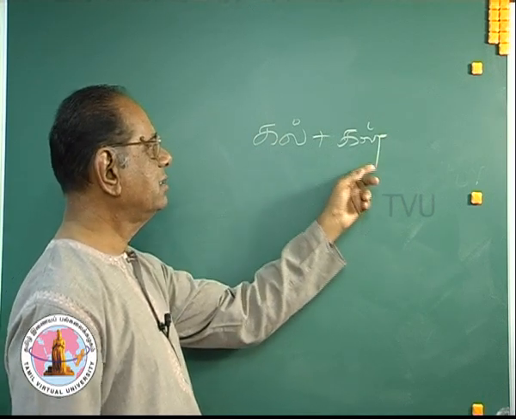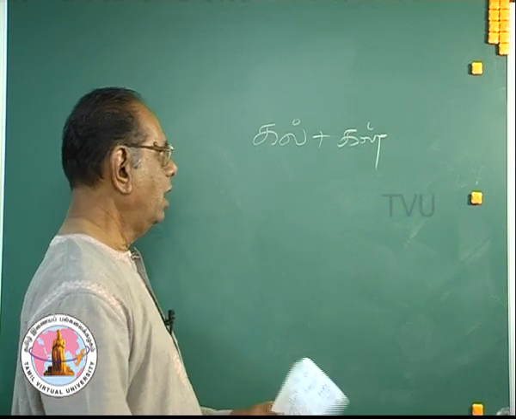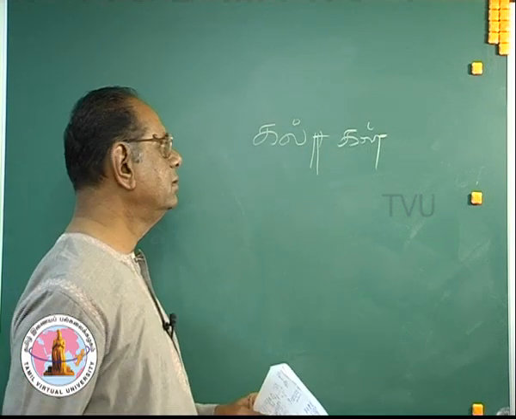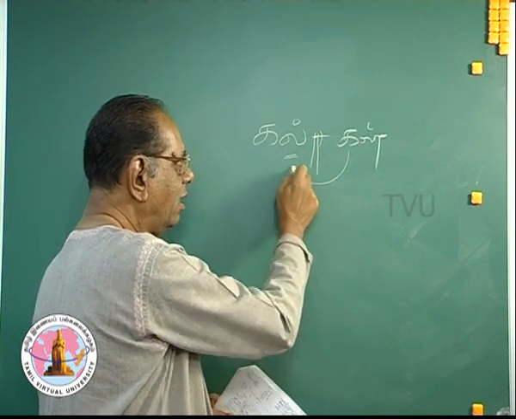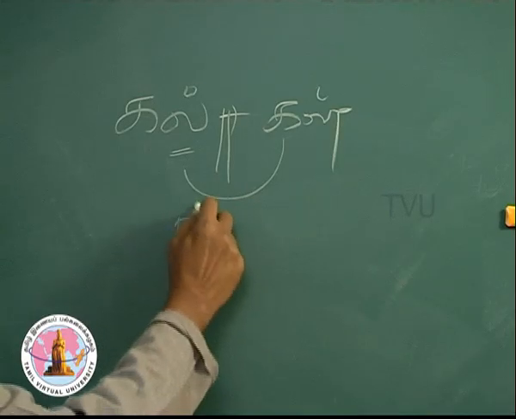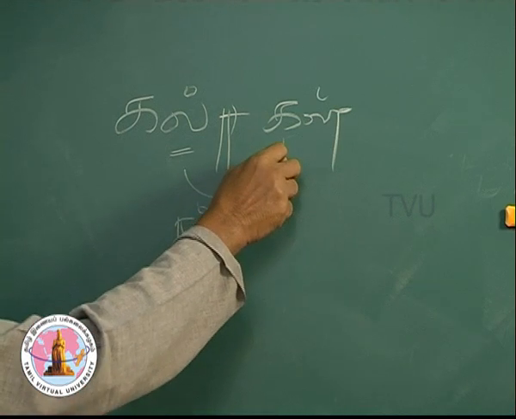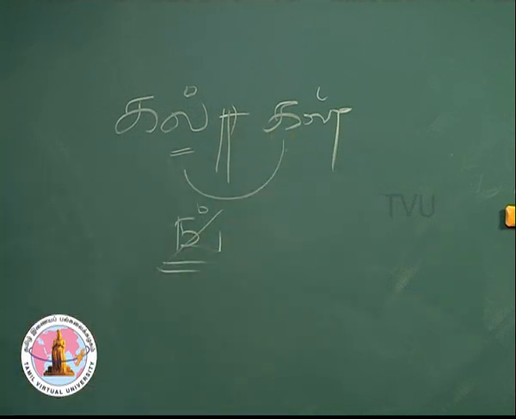Kal plus kal. Once again you find there is a stop, there is a break. So naturally you have to bring in a relative letter of this ka. You cannot bring in na here, absolutely not possible. So you must have a relative letter of ka of any sort.